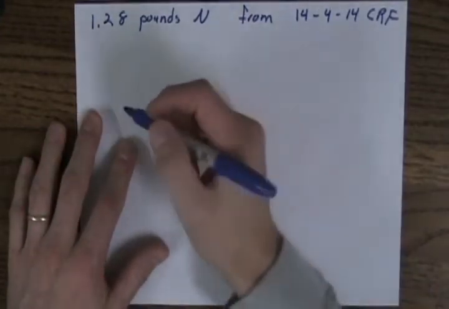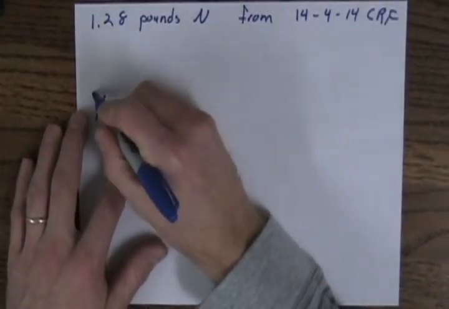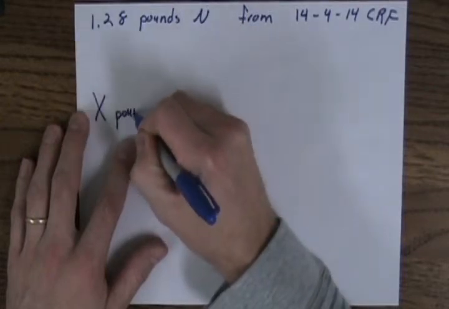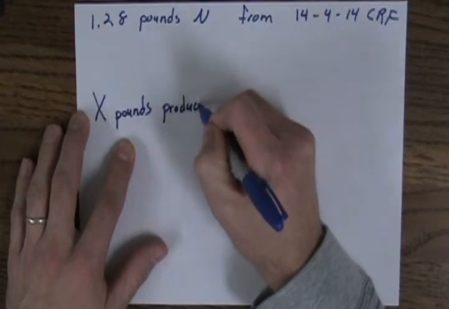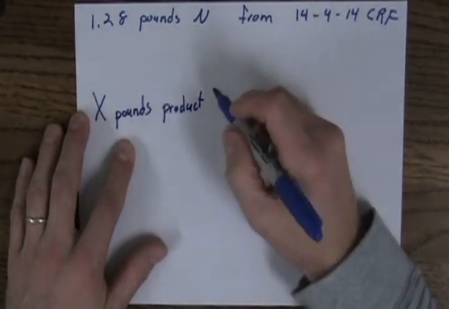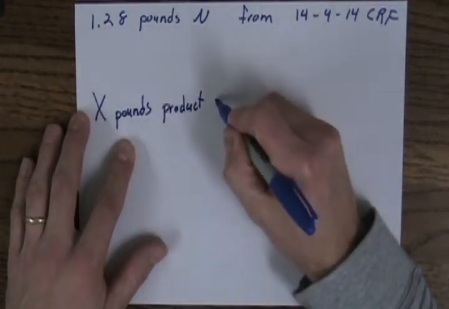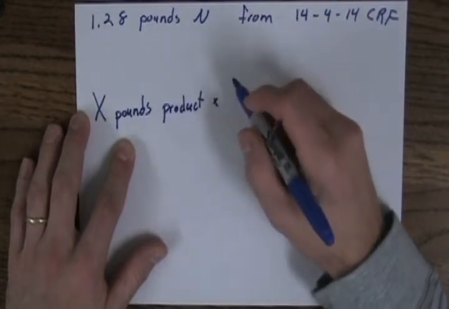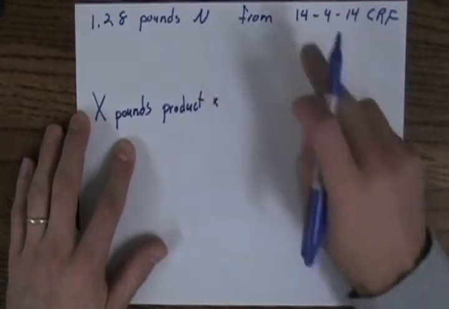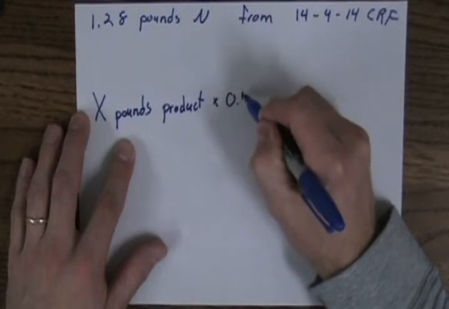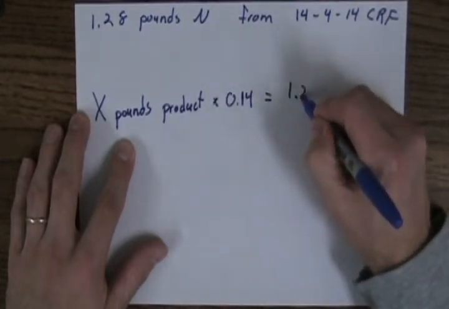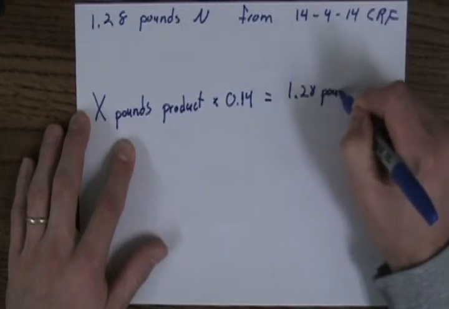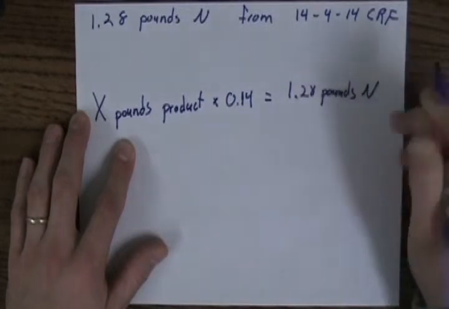So the first thing that we need to do is we need to know that we need X pounds of product, and that's our 14-4-14. And if we multiply that by our percent nitrogen, which is 0.14, we want that to equal 1.28 pounds of nitrogen.